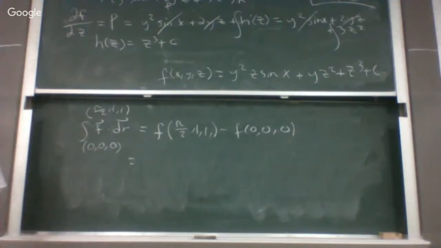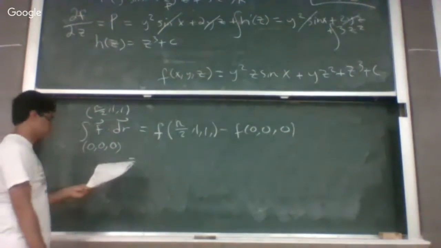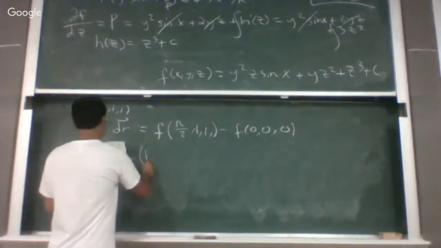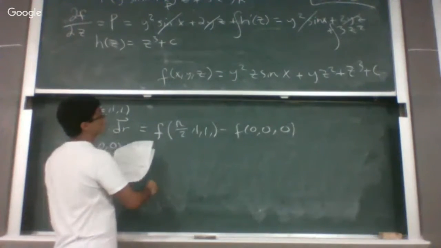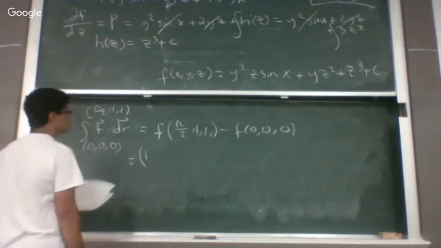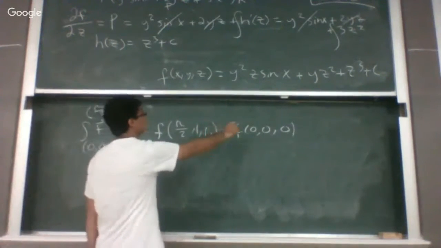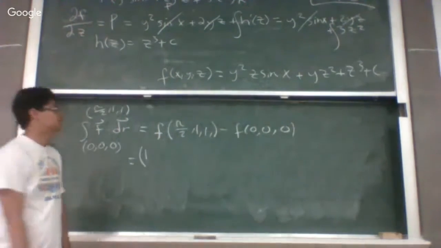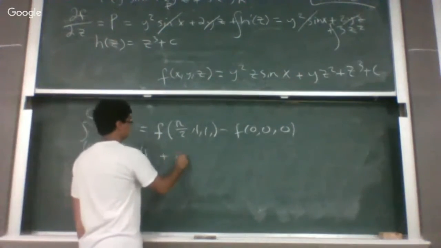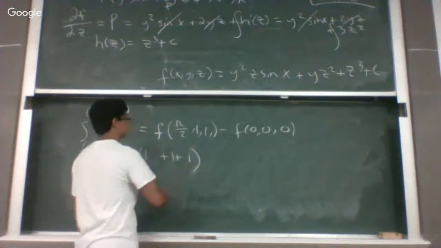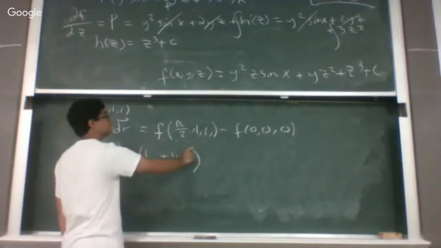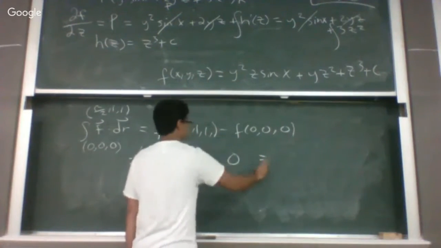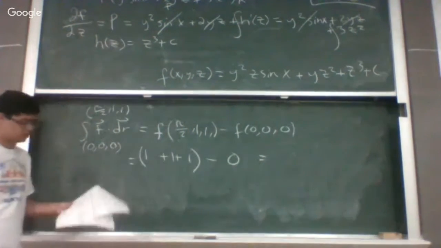So if we plug in pi over 2 into sine of x, what do we get? 1. So we have 1 plus 1 plus 1 for plugging this into the entire function, minus 0. So our answer is 3.